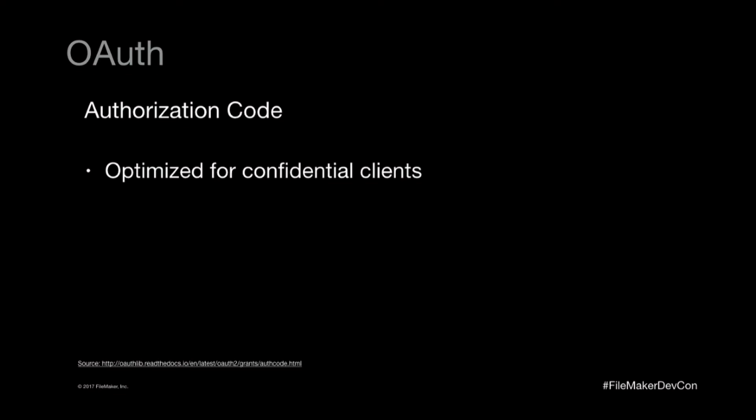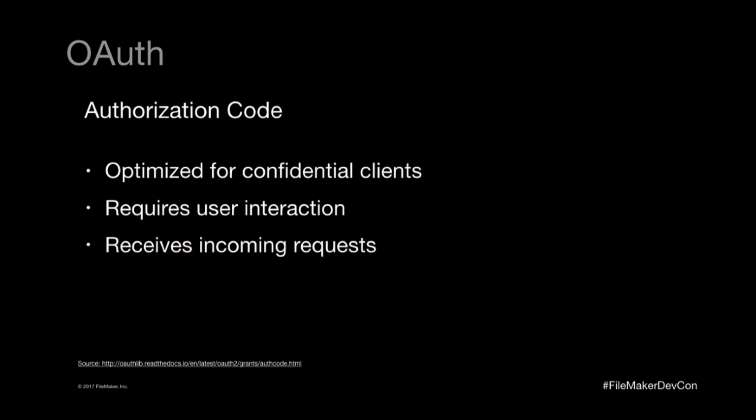It means private computers. We are not using a public computer like an internet coffee or so. It requires user interaction because we have to manually type our username and password, which is the authentication side. It can receive incoming requests from the client, and it provides you an access token and a refresh token.